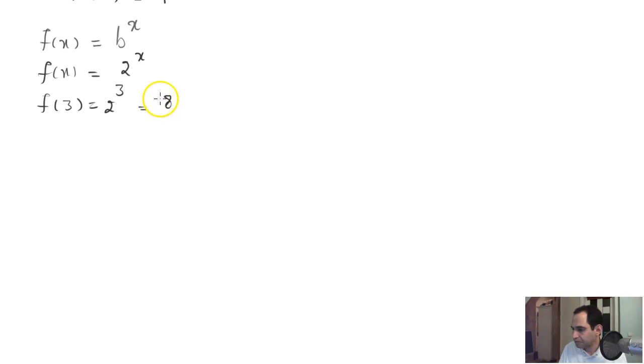And also you have to follow the order of operations. For example, you have f of x is equal to 30 times 2 raised to the power x. So this is your a, this is your b, and this is your exponent.